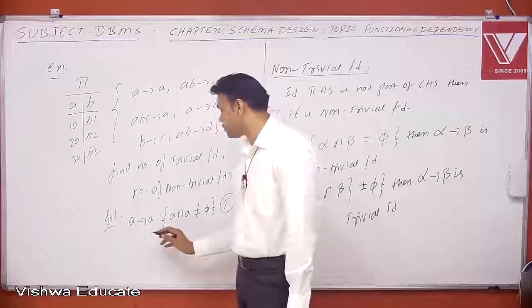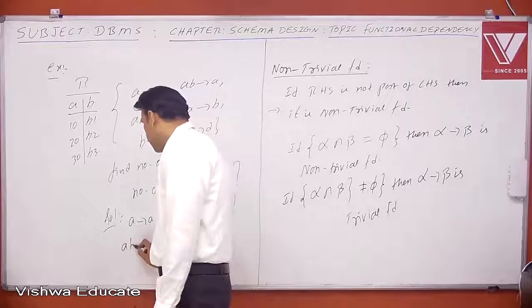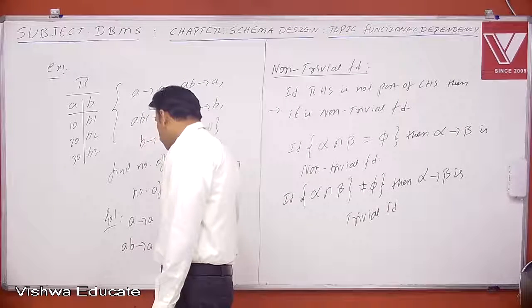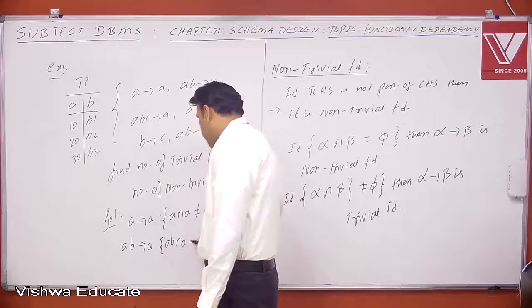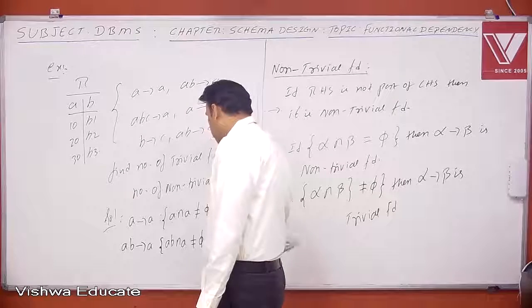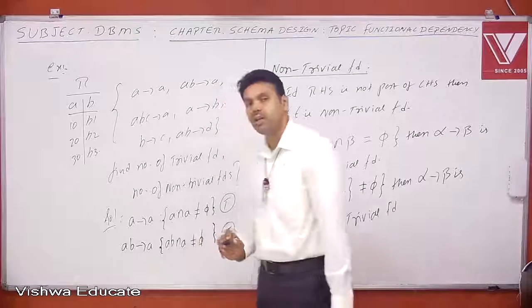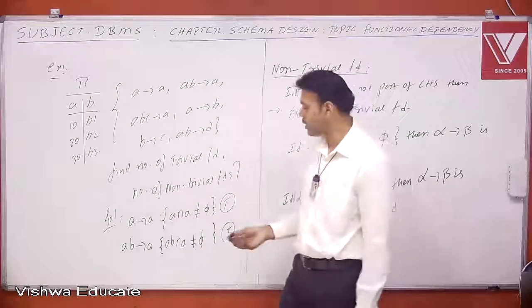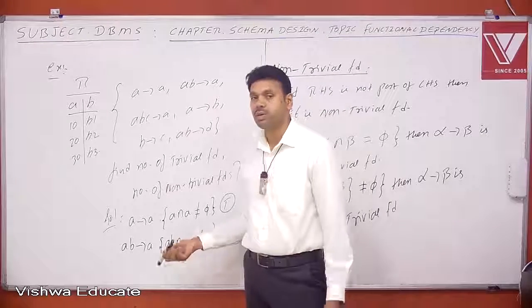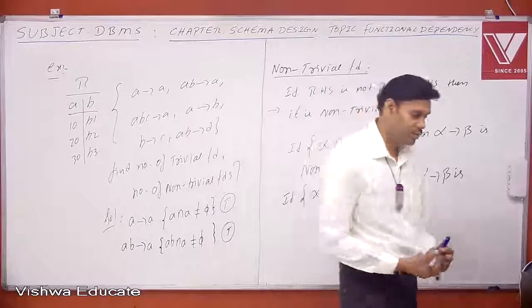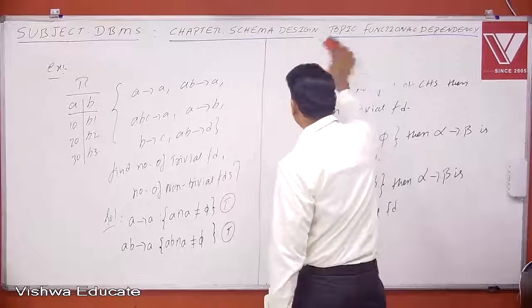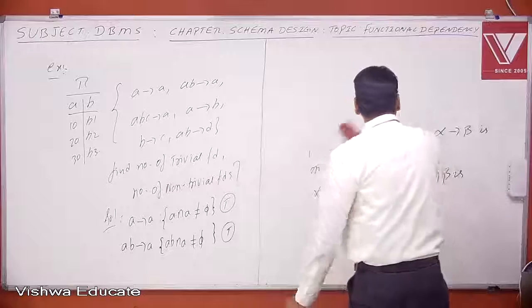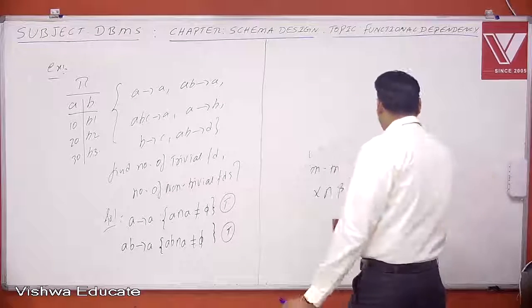So come to the next, AB tends to A. Once again, AB intersection A is not equal to phi, so it falls into trivial FDs. Why? RHS is a part of LHS, very simple.